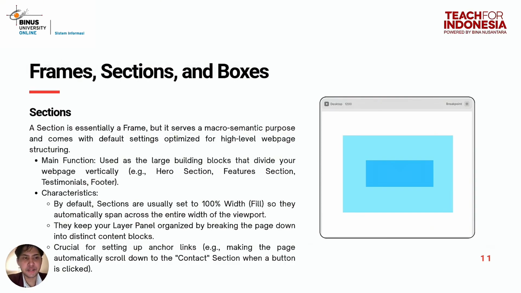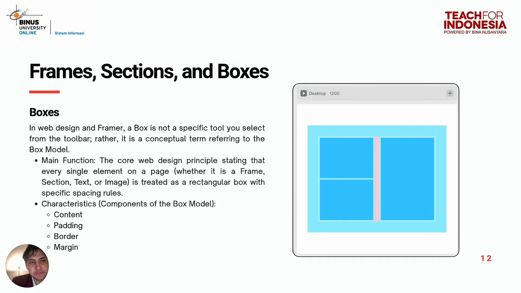Optimized for high-level web page structuring, the main function is to serve as the large building blocks that divide your web page vertically. In web design and Framer, a box is not a specific tool you select from the toolbar. Rather, it is a conceptual term referring to the box model. The main function is the core web design principle stating that every single element on a page, whether it is a frame, section, text, or image, is treated as a rectangular box with specific spacing rules.